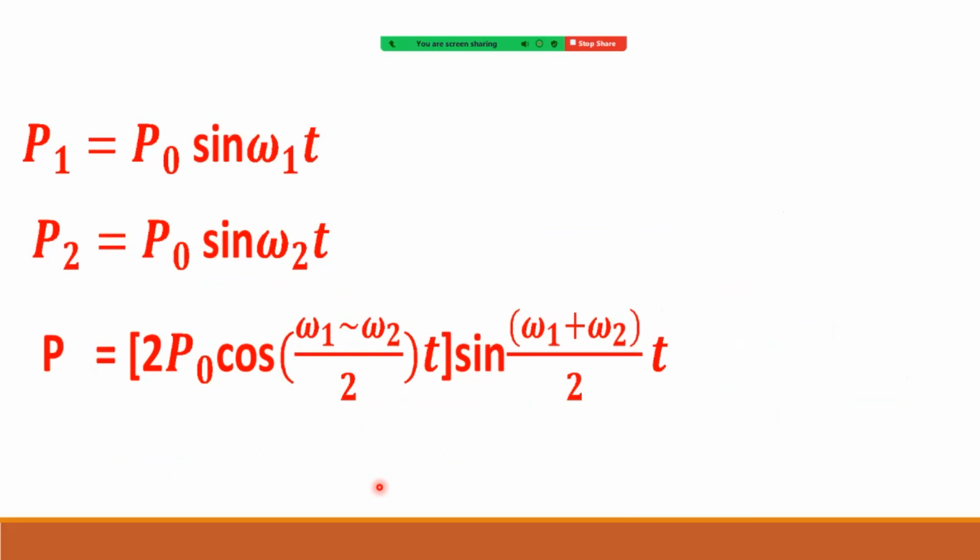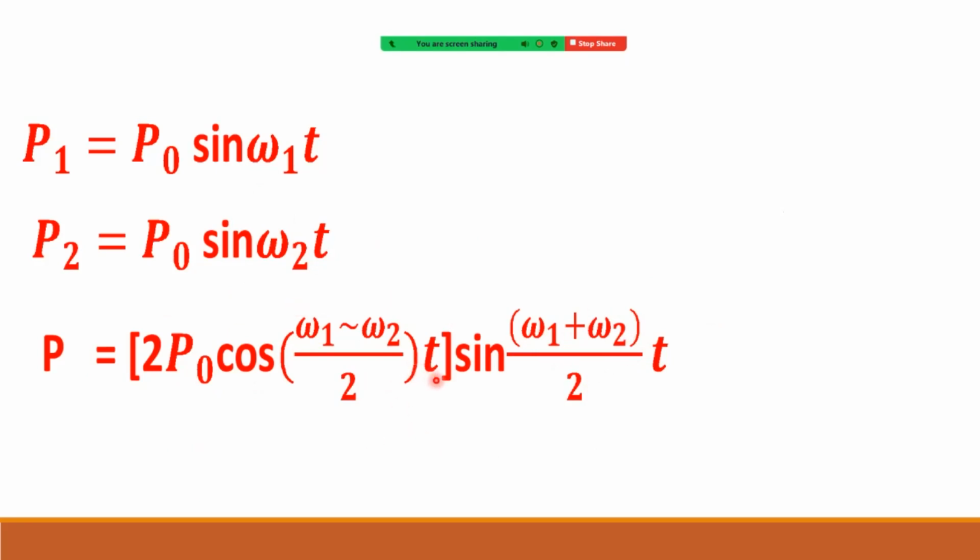Right now we have taken the equations: sin omega 1 t, sin omega 2 t, then 2 p naught cos of this function, sin of this function. For the entire wave, the frequency is (f1 plus f2) by 2.